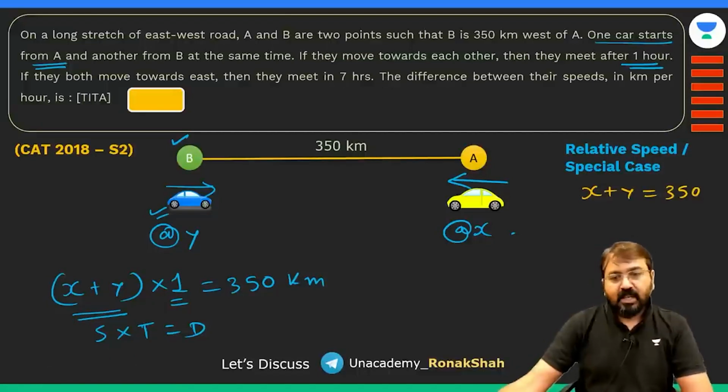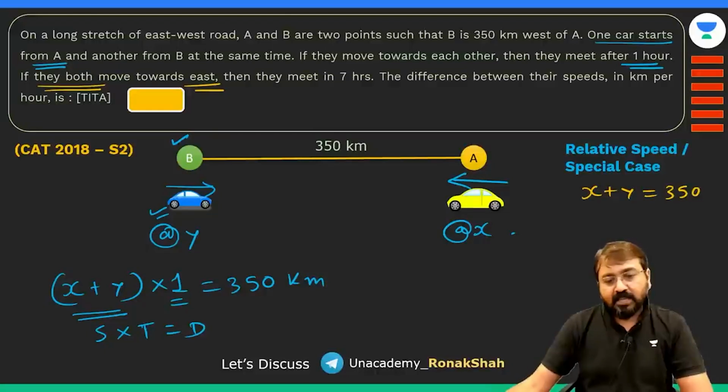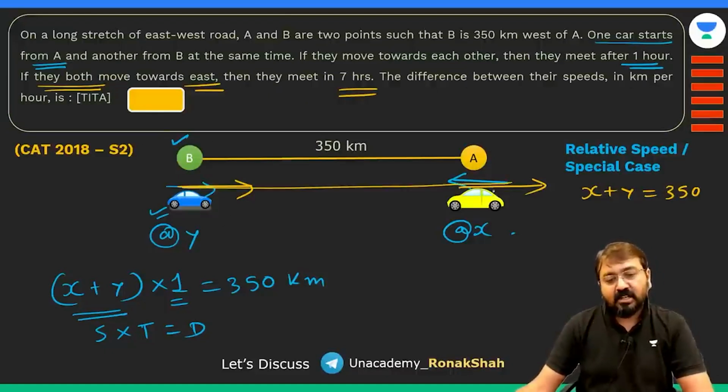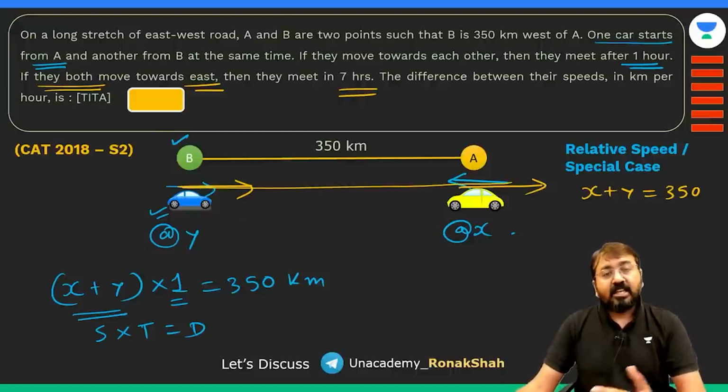That's it. And if they both move towards east, if they are moving in the same direction, then they meet in 7 hours. That is, this car catches the second car in 7 hours.